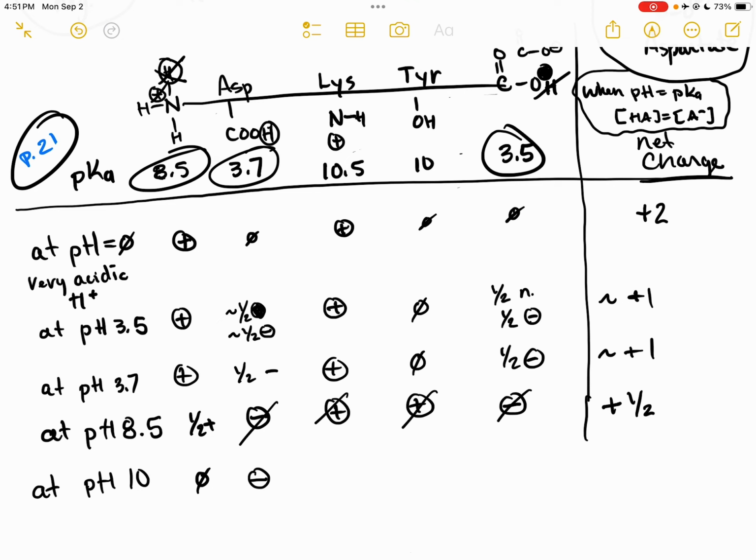I think I shouldn't have used a tyrosine. Interesting. Let's pretend that we didn't use this one. Let's just say it's alanine. So let's just say there's no pKa, so we'll get rid of this. And that doesn't matter because they were just all.